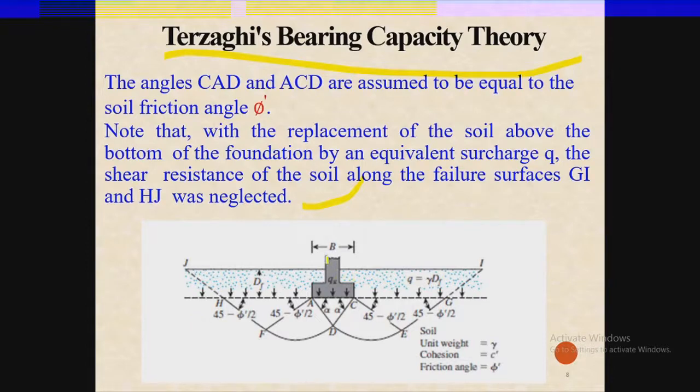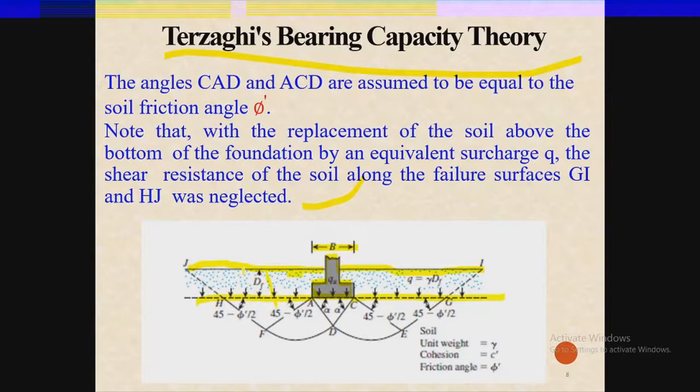You can see in this picture the diagram of a strip footing having width B and length L. It is carrying a load which has been represented by QU. This portion is representing the ground surface, and this dotted line is representing the base of the foundation.